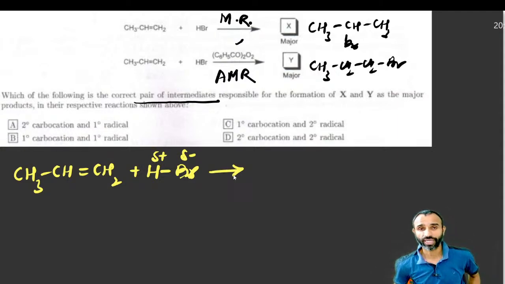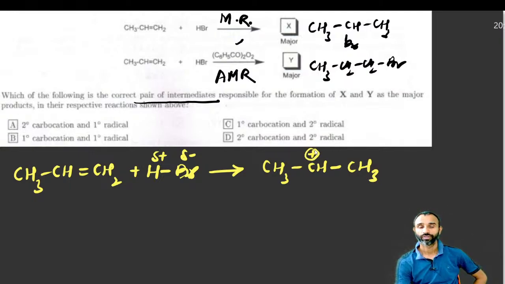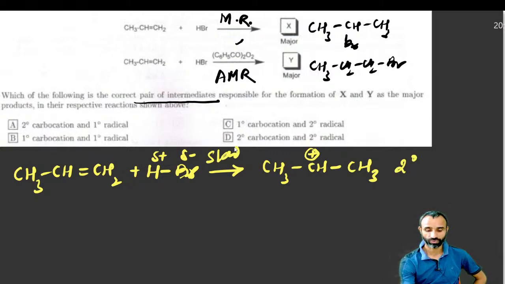And what is the type of reaction? Yes, it is an electrophilic addition reaction. So first of all, H positive will attack. It is added and we get this secondary carbocation, and this is the rate determining step, the slow step.